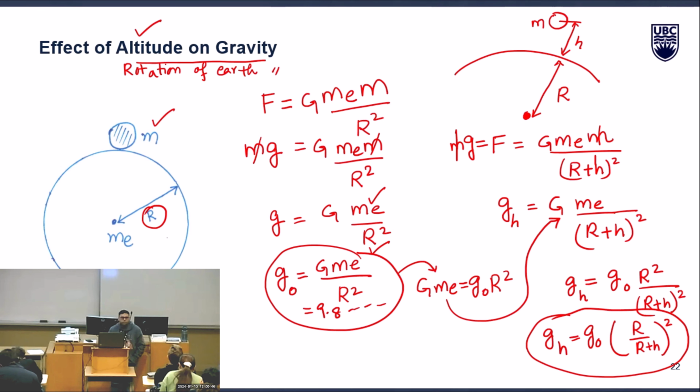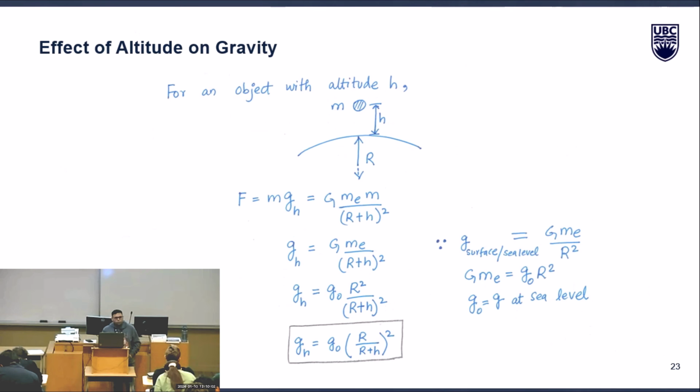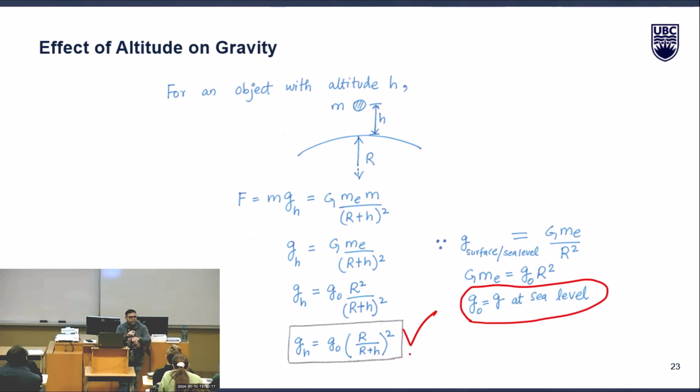But now let's plot that expression on the bottom right to see how the value of gravity varies when an object is raised from the surface up to a certain height like 10 kilometers, 20 kilometers, and so on. So the same information is here. g naught is the value of gravity acceleration at the surface, and more specifically at sea level, right? So now we have that expression at the bottom. Let's plot it.